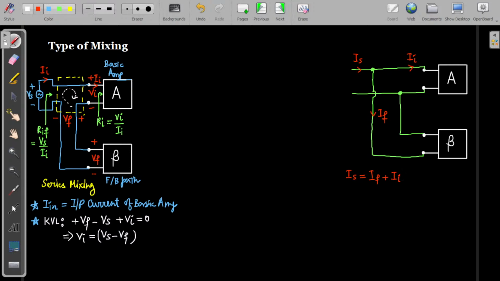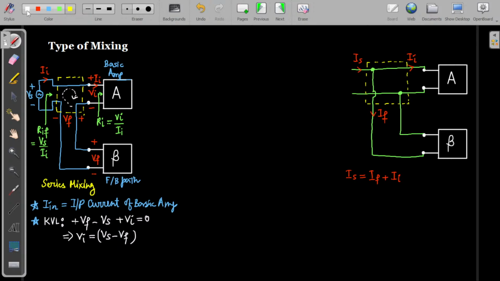But in this case, what was happening? The source current was flowing inside, the same current was flowing through the basic amplifier. But यहाँ पे नहीं, current division हो रहा है. Current division कहाँ पे होता है? Current division happens in the case of shunt. So that's why this type of mixture connection is known as the shunt mixing, because the currents are divided.